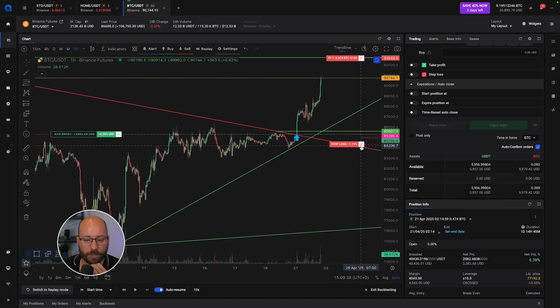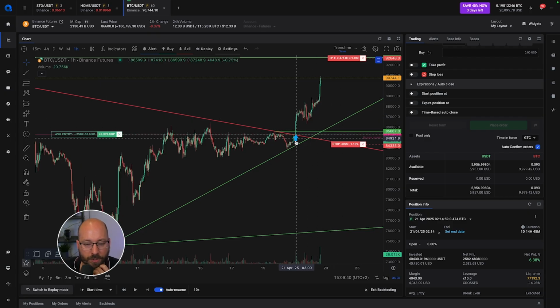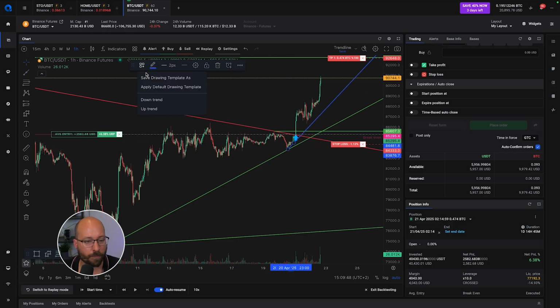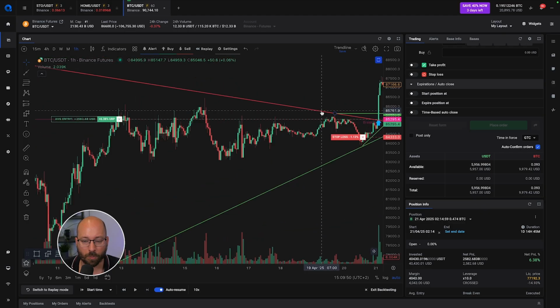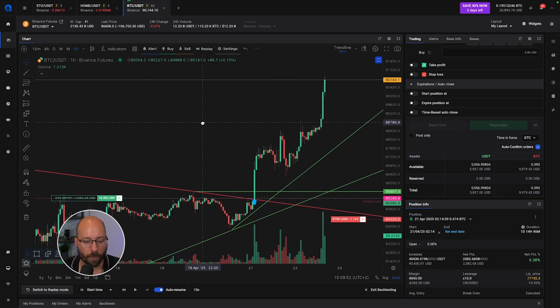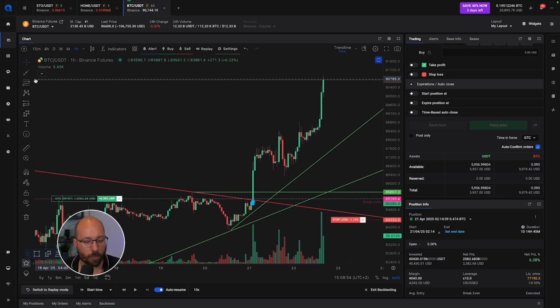Price is continuing to go up. And what you see now is that we can actually draw a new steeper line. So we can draw a line from here to here as our uptrend. And we can zoom in a little bit more and draw even more safety.